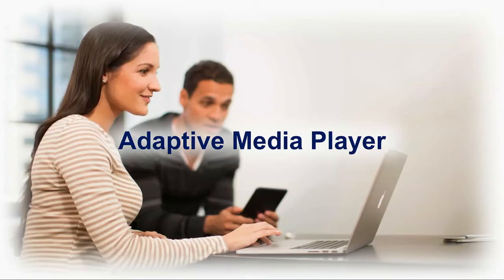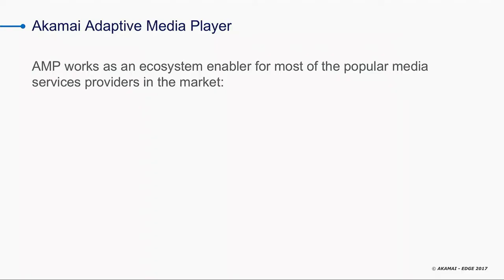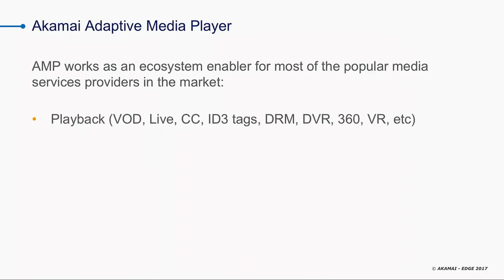Okay, thank you, Jason, for that great introduction. Now let's discuss what AMP, or Adaptive Media Player, is. We like to think of AMP as an ecosystem enabler for most of the popular media service providers in the market today. Some of the features that we have, of course, is basic playback with other features such as closed captions, DRM, DVR, and now 360 and VR.